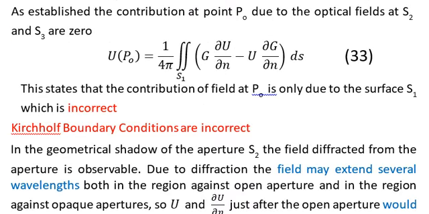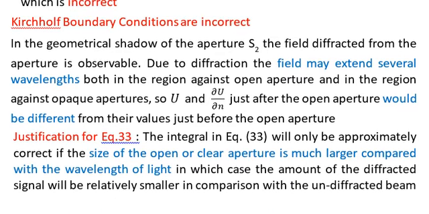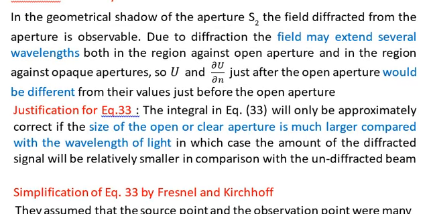So, justification of equation 33. What is the justification provided for equation 33? When these conditions are not correct, there must be some justification to make it appear approximately correct. The integral in equation 33 will only be approximately correct if the size of the open or clear aperture is much larger compared with the wavelength of light, in which case the amount of diffracted signal will be relatively smaller in comparison with the undiffracted beam.